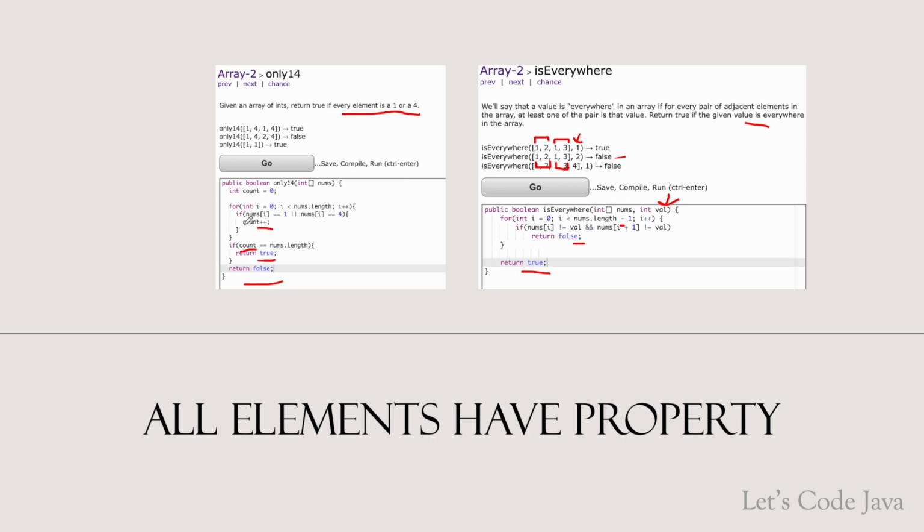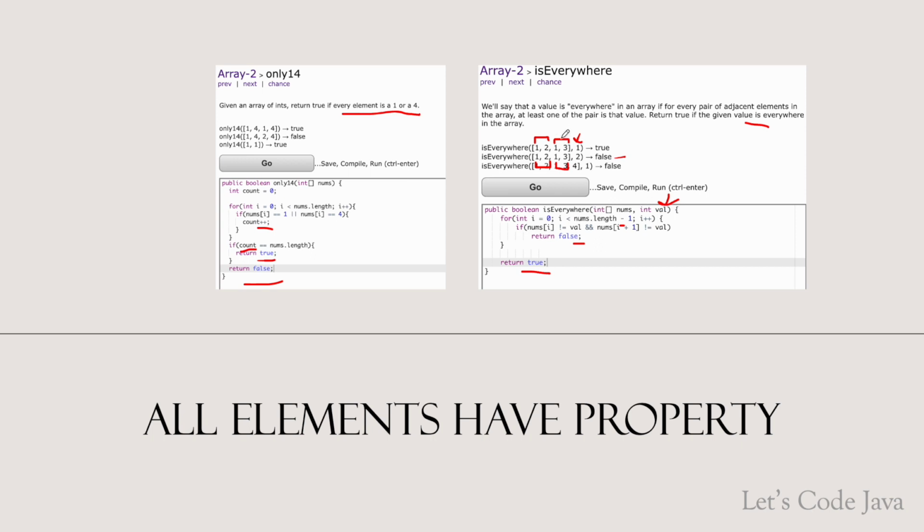So in this case, what I do is I hold a counter variable, right, which keeps track of how many values are either a 1 or a 4. And if that matches the length of the array, then return true, else return false. And this is just another one of those examples where it says that you return true for every pair, right?